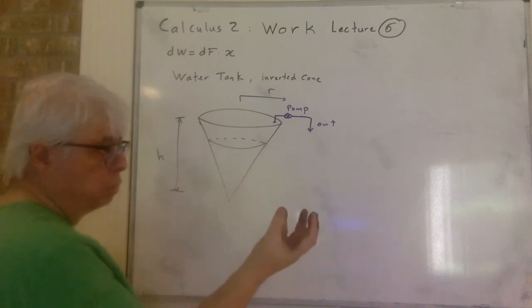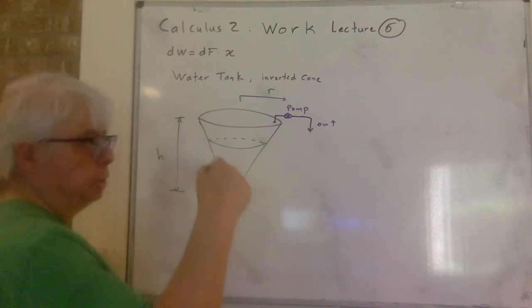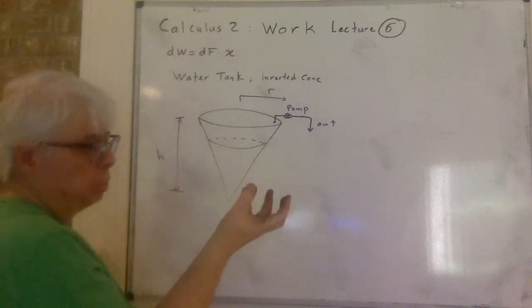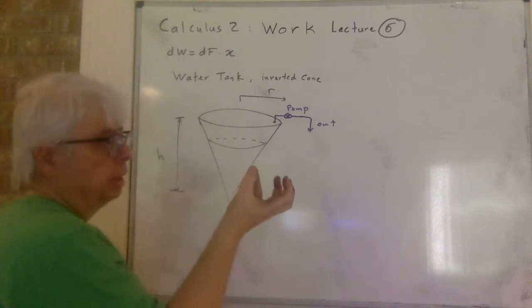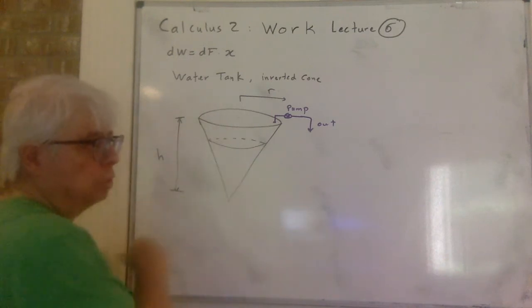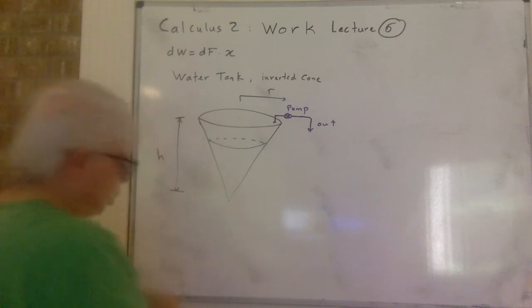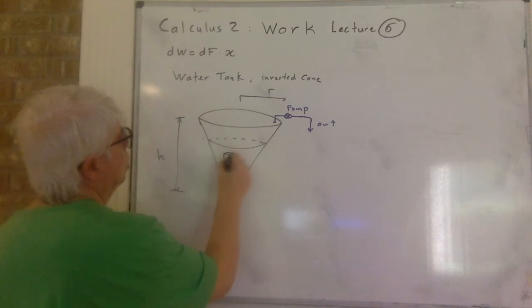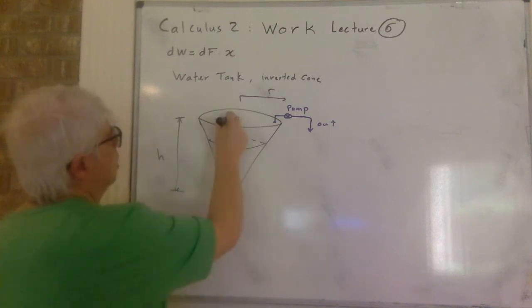This small portion has weight, and you pull it up, so you are going against this weight, which is some m times g. You move it up some distance and throw it away, right? So you take a small portion of this thing, say like this cube, and you move it up and up.